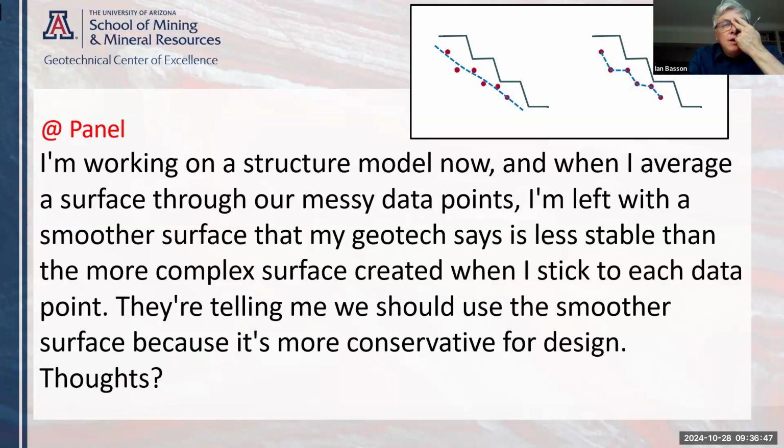Anybody else? You could be measuring splays in an anastomosing series of structures within a fault zone, for instance. So in that case, what would you do? It is an interesting question. I don't think you necessarily want to create a step path thing.